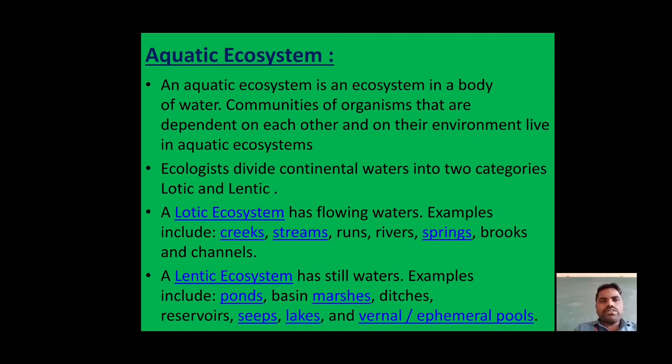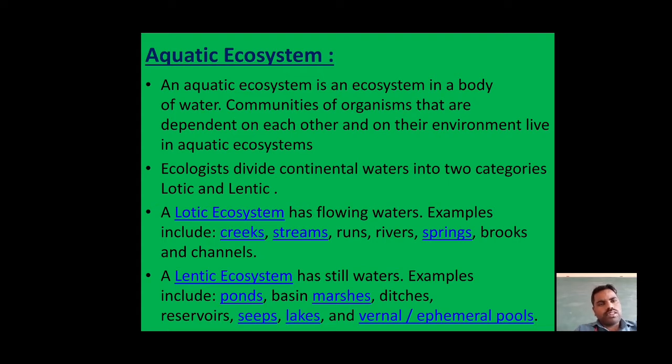This kind of ecosystem is called the aquatic ecosystem. Ecologists divided the aquatic ecosystem into different kinds: lotic ecosystem, lentic ecosystem, and freshwater ecosystems. Here we are discussing only the lotic and lentic ecosystems.